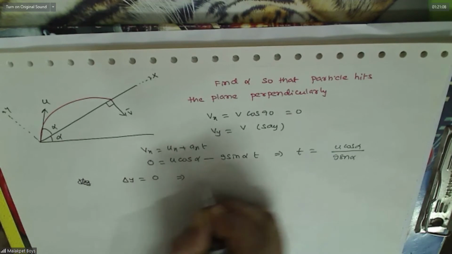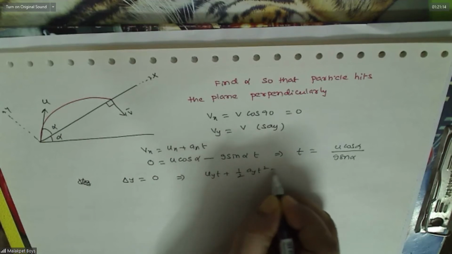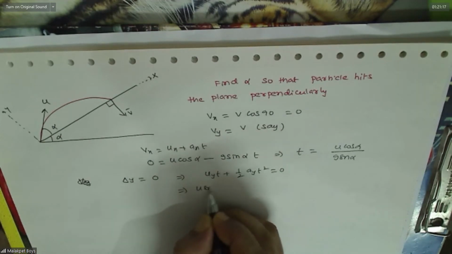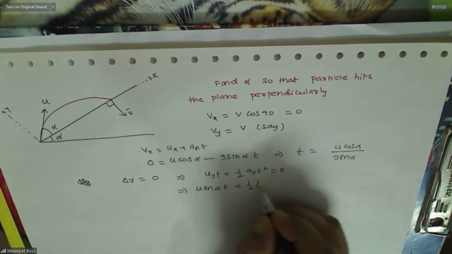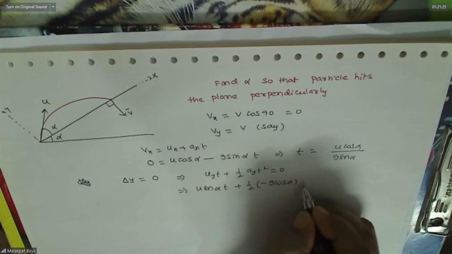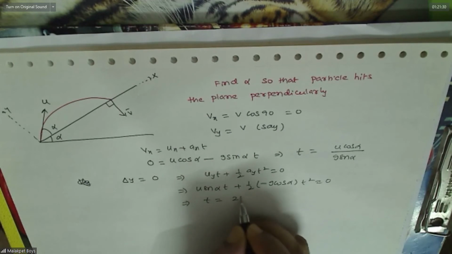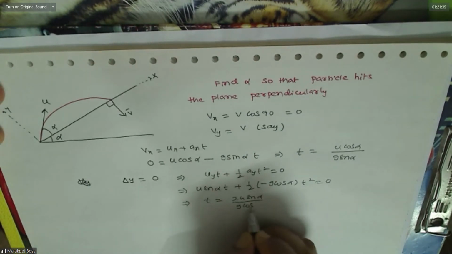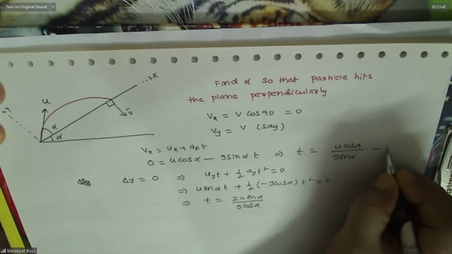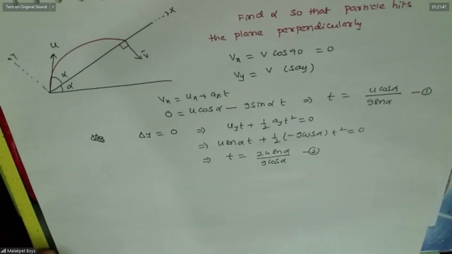That means you have this is nothing but u sin alpha t. Now this equation for time of flight, okay?